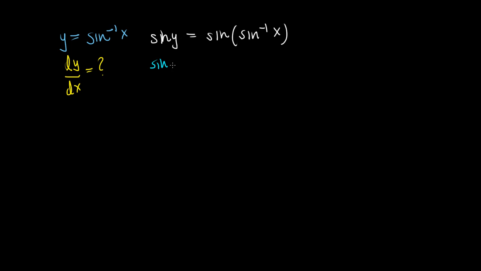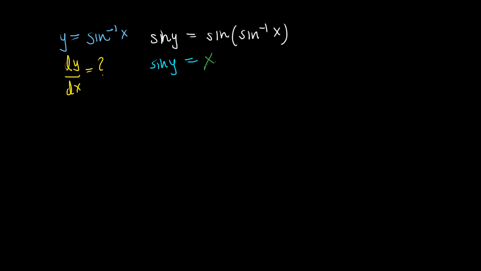So this becomes sine of y is equal to sine of sine inverse of x, which is nothing but x, because if you take the square root of the square of something, you'll get that same number again. So that is kind of the trick here.